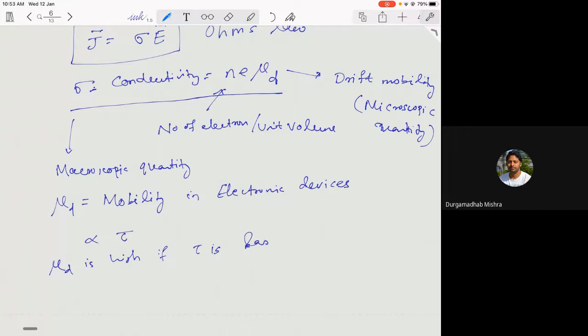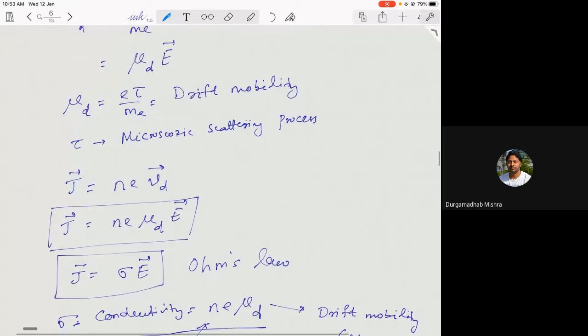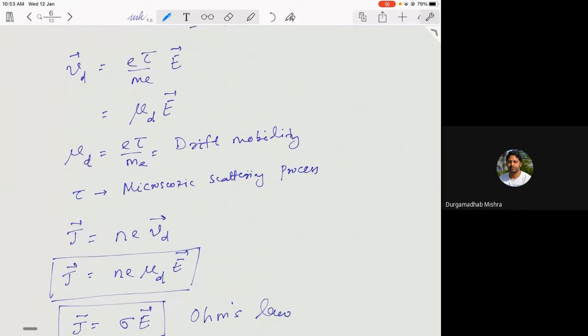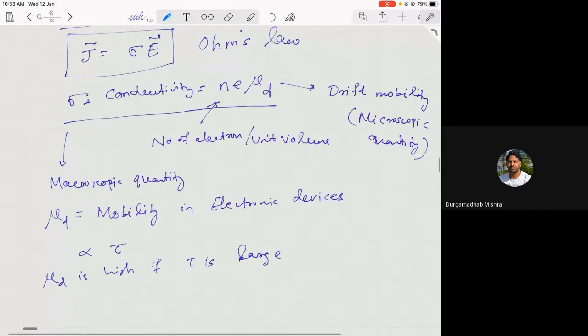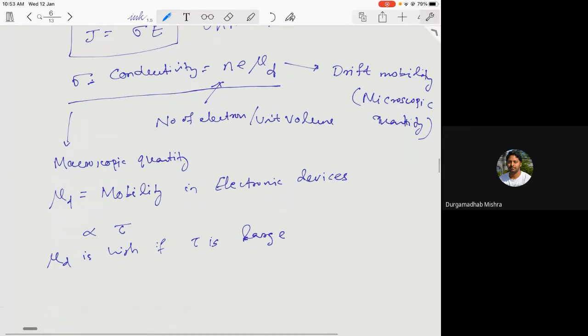Tau being large means the time between collisions, the relaxation time, is large.